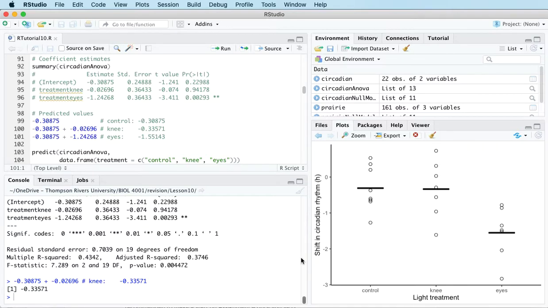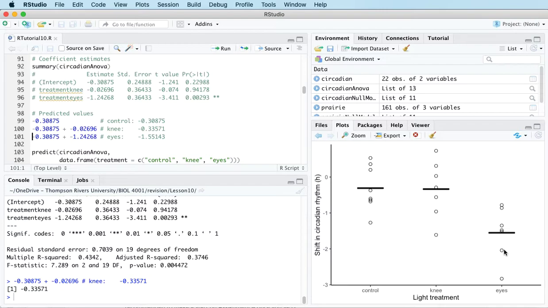Okay, so the predicted shift in circadian rhythm for patients undergoing the knee treatment is minus 0.33571. It's not all that different to the prediction for the control level, and we can see that in the graph. It's just a little bit lower, a little bit more negative.